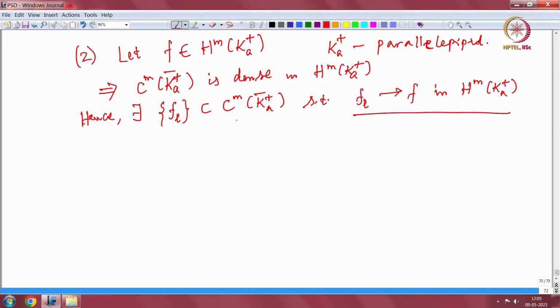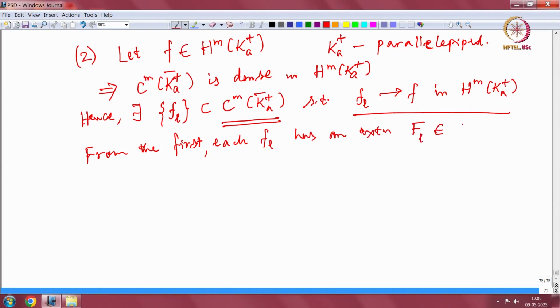And now since each FL is a smooth function in Cm Ka plus bar, from the first part, each FL has an extension big FL in Cm Ka bar.